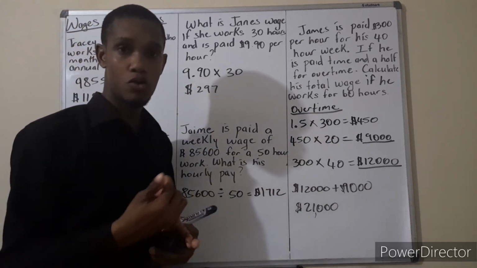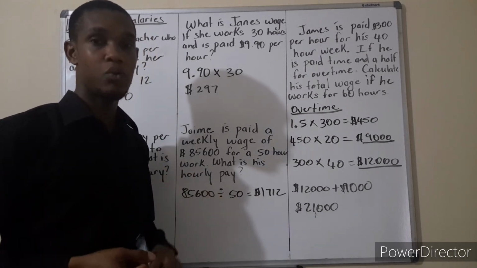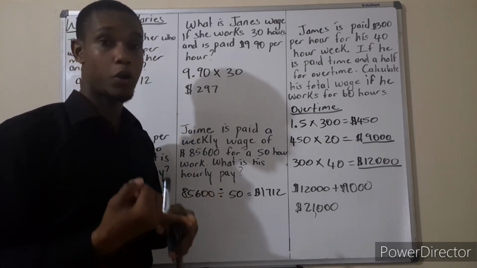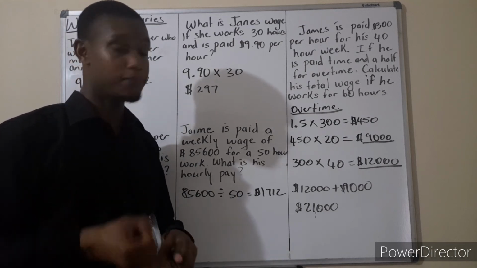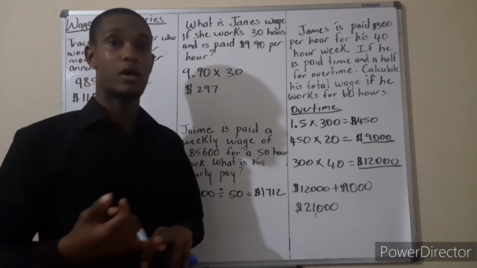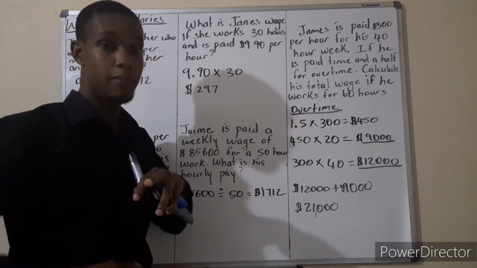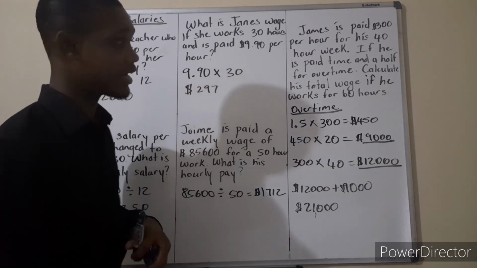So as long as you're dealing with overtime, you will have to work out the overtime amount, and then work out the basic pay, or you can reverse the order. The basic pay will be the number of hours required to work multiplied by the basic pay, like here. And then for overtime, it will be the overtime rate multiplied by the hours worked overtime.